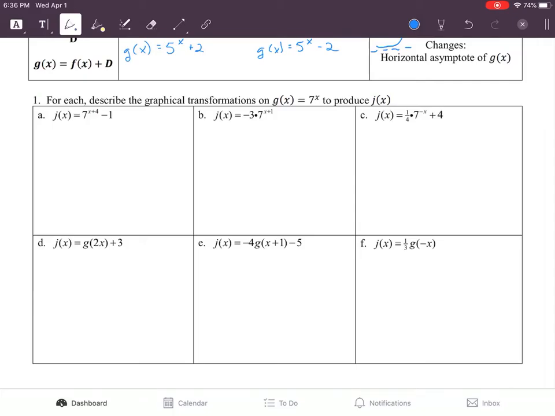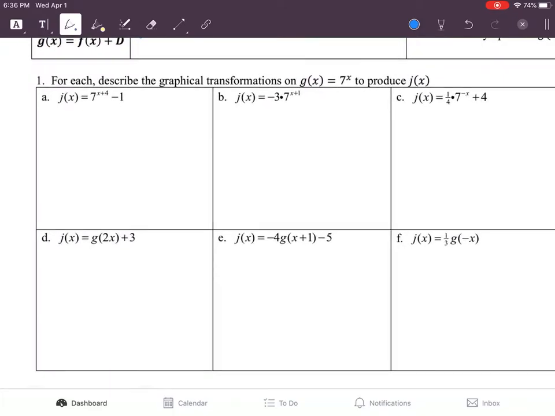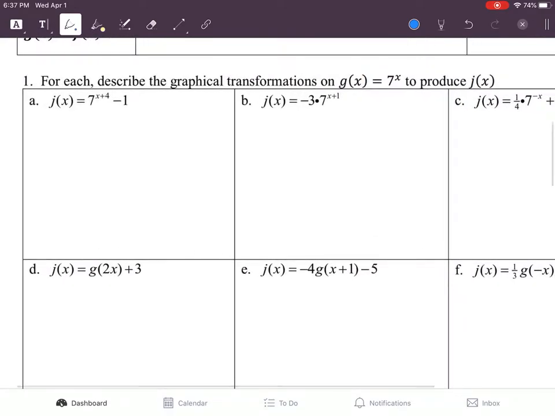of describing the different transformations for these equations. I'll give you two different types to kind of prepare you for what might be on the test. So we are doing 7 to the x as our equation. Each one of these has 7 to the x at the top, and then we're doing that function inside for the bottom 3, and it's showing you the function notation version of what would happen with those transformations.